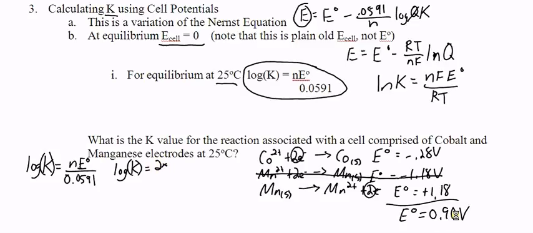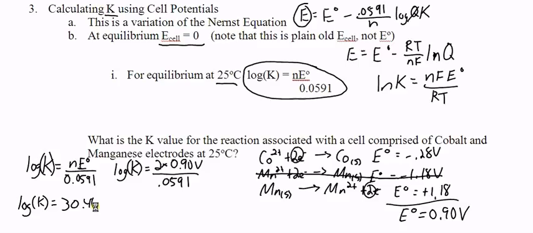Standard cell potential we calculated as 0.90 volts, and we've got our 0.0591 as our constant within the equation. So as we look at this, log of K is going to end up being about 30.46, we'll call it.